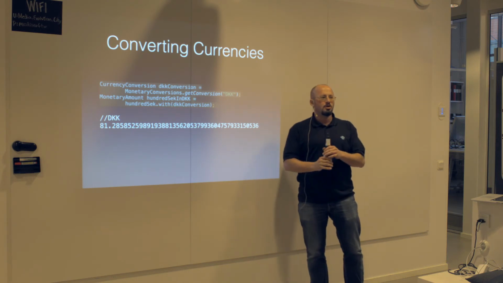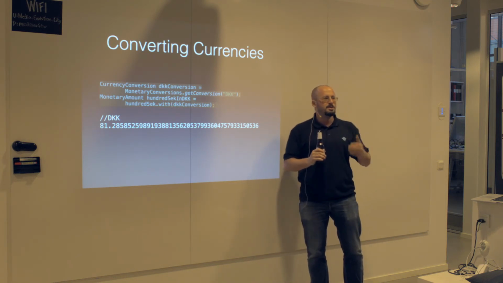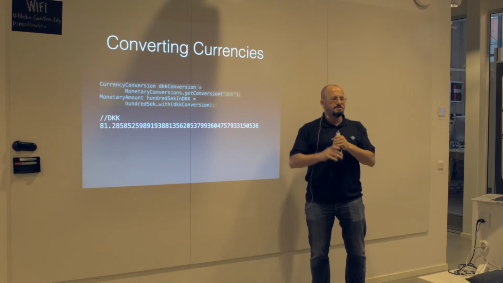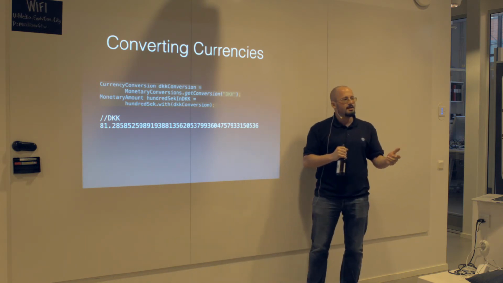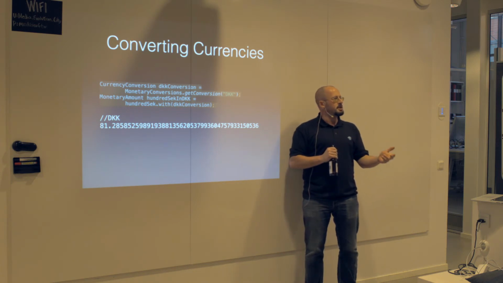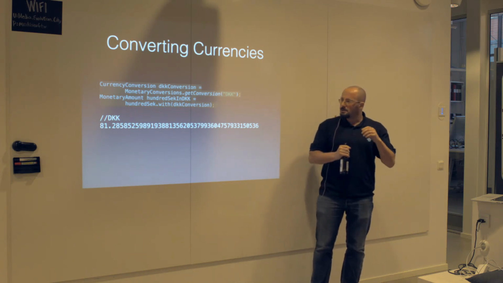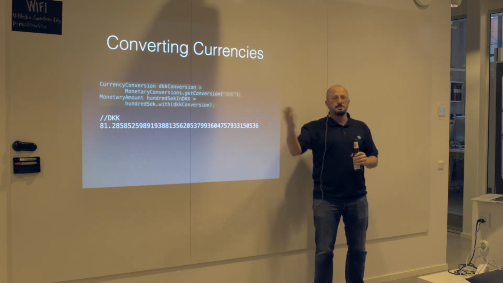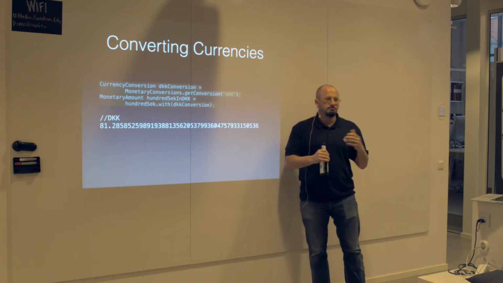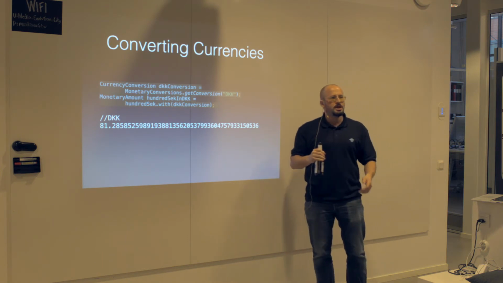There are also more complex ways where you have much more options, where you can say that I want this provider, or that I want historical data, because, for example, ECB provides historical data. Now, this will lead to a network call, because we actually need to fetch it from somewhere. Network calls are slow, as we all know.